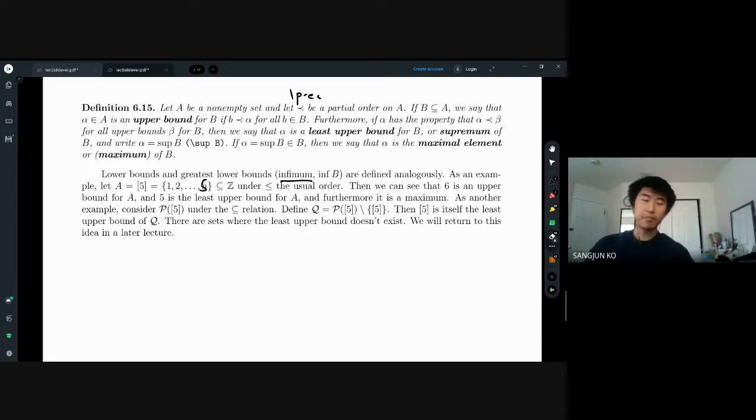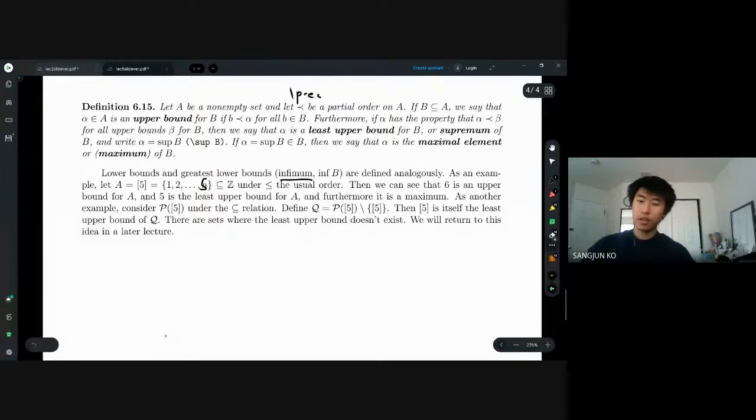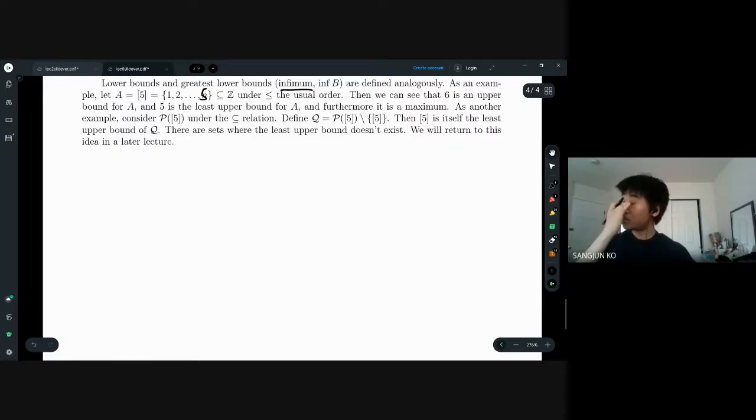I think it really depends on the author, because some books use less than, some books use less than or equal to. But I think generally you probably want to deal with open sets, so you probably want to deal with less than, I think. Okay. I don't think I see any other questions or objections.